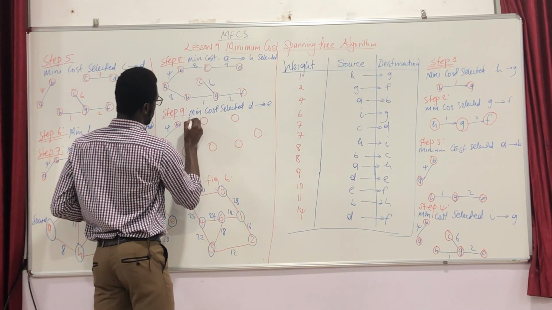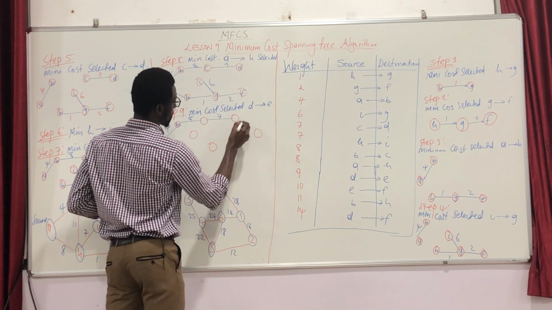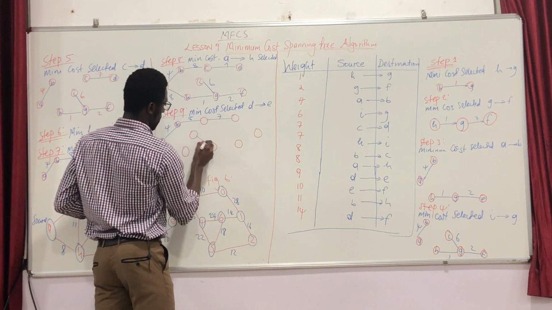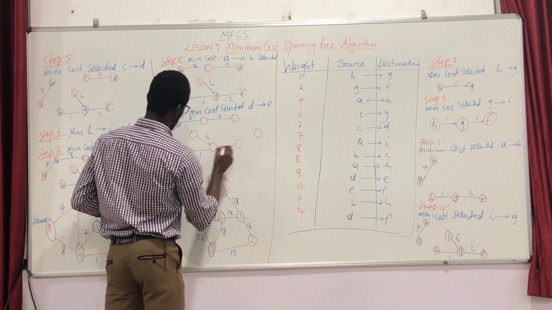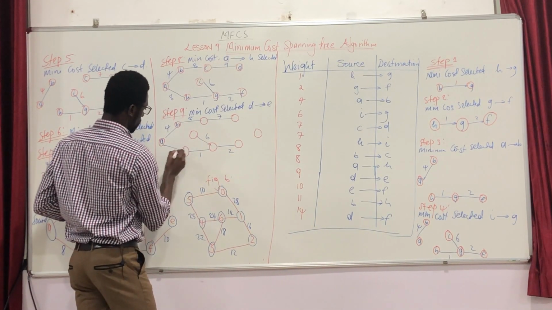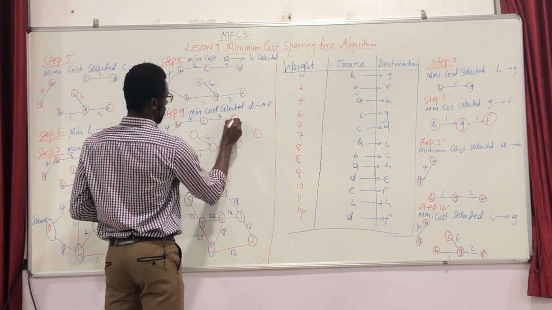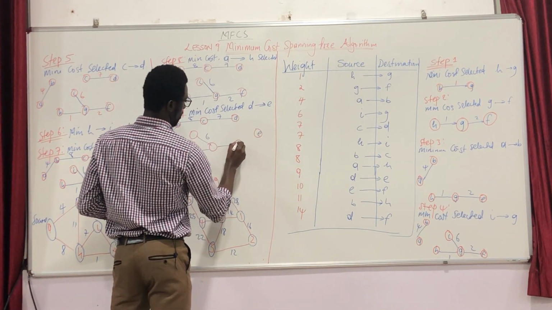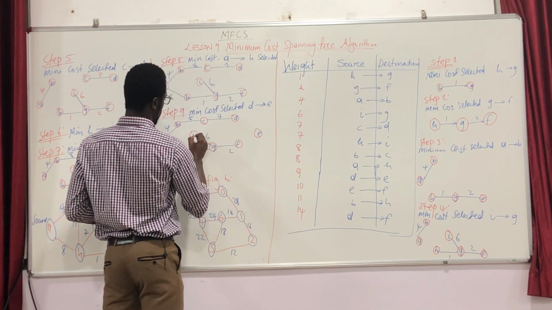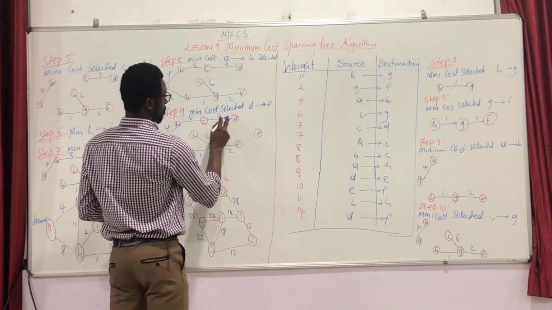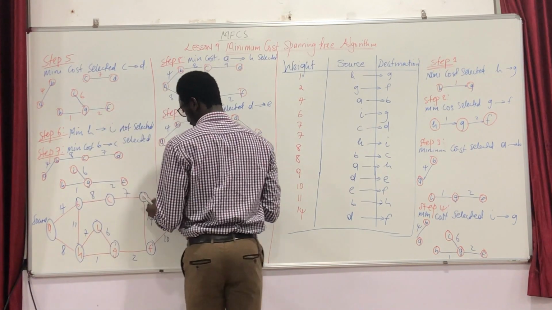Here is 8. Here is 7. Here is 6. 1, 2. This is 8. C, D, E, F, I. So D to E is selected, which is here 9.